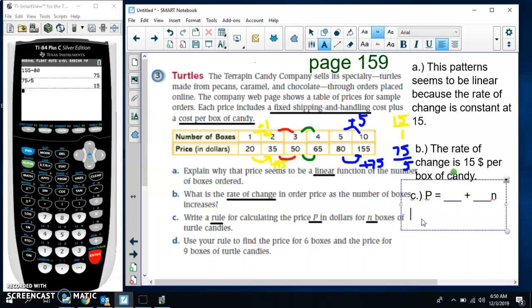So for our rule, we're going to type this in: the price is equal to, well, I don't know what that starting value is, plus 15N. So what we have to do is figure out our starting value, and that would go right here in the table. If there was a 0 in our table, that's where it would go.